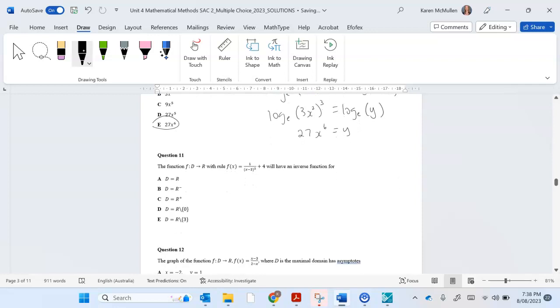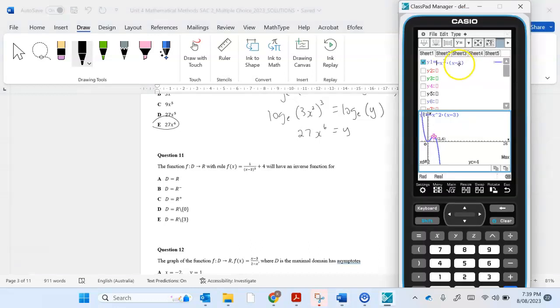All right, the function with the rule will have an inverse function for, so here we have a truncus. So think about what is happening to this truncus, or even what this truncus looks like. Let's have a look at what it looks like.